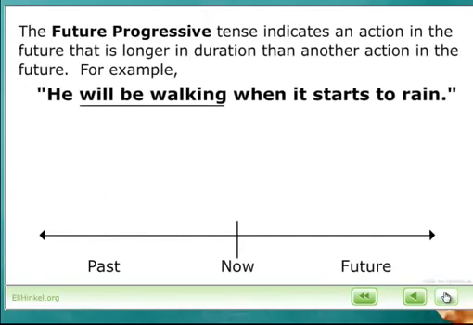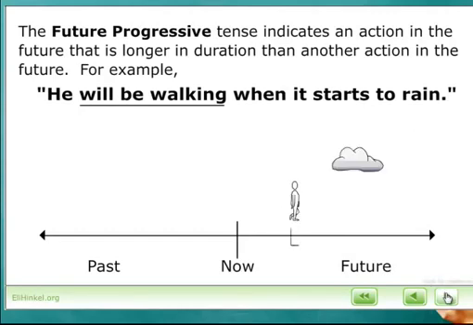The future progressive tense indicates an action in the future that is longer in duration than another action in the future. For example, he will be walking when it starts to rain. These are two actions taking place in the future. Will be walking when it starts to rain.